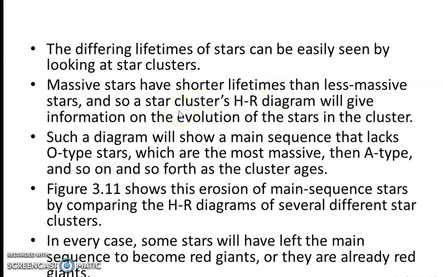The HR diagram of this star cluster will give information on the evolution of the stars in the cluster. So an HR diagram will show the main sequence that lacks O-type stars, which are the most massive, and then A-type and so on as the cluster ages.